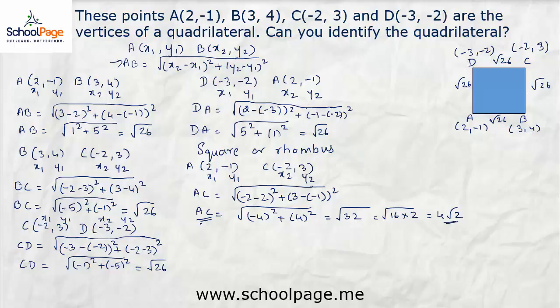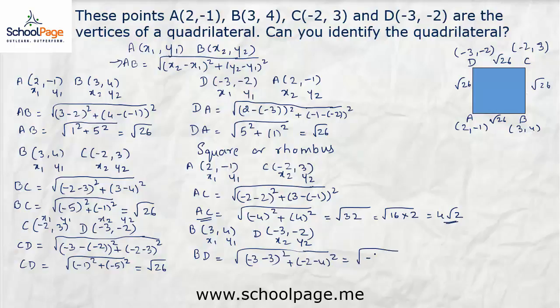Let us find the length of the diagonal BD. Let us write the coordinates of B as 3, 4 and D as minus 3, minus 2. Now let us mark x1, y1, x2, y2. So BD equal to square root of minus 3 the whole square plus minus 2 minus 4 the whole square, which is equal to square root of minus 6 the whole square plus minus 6 the whole square, which is equal to root 72.